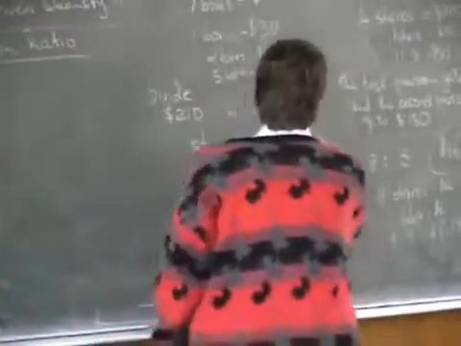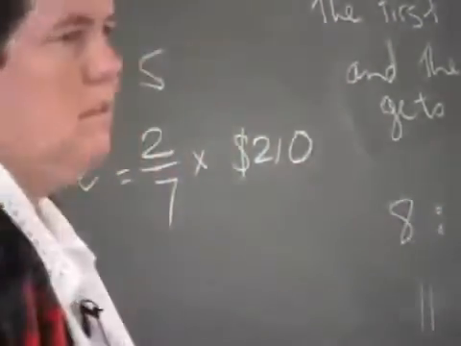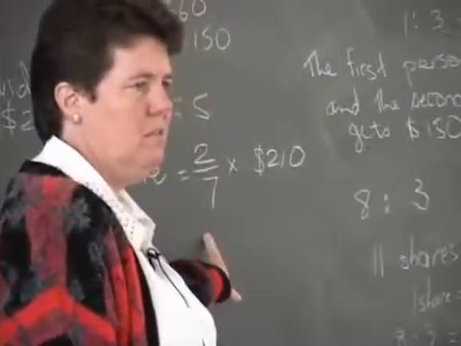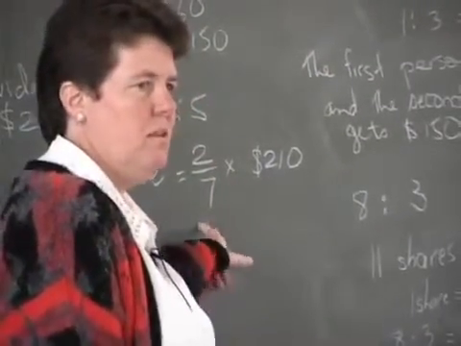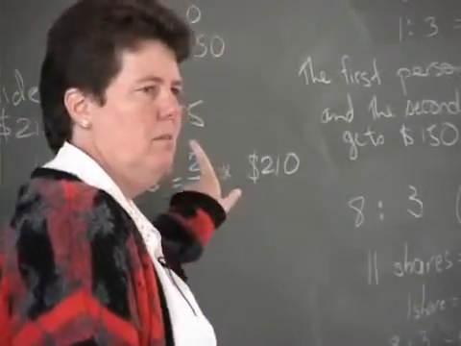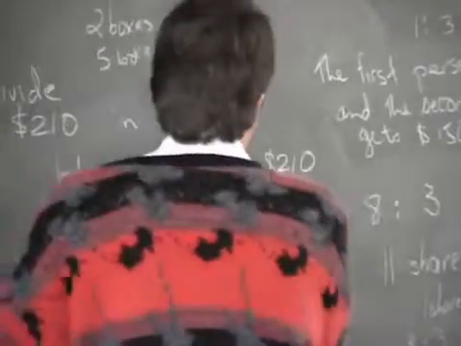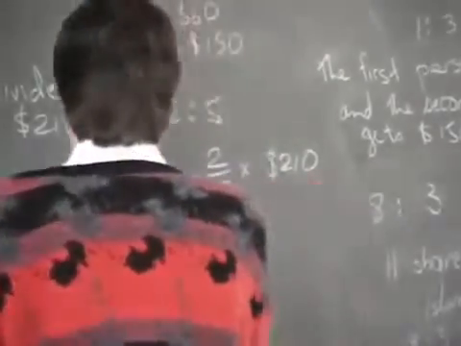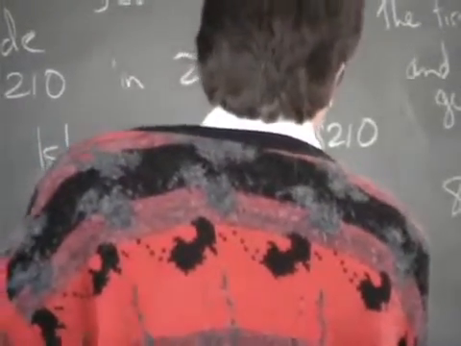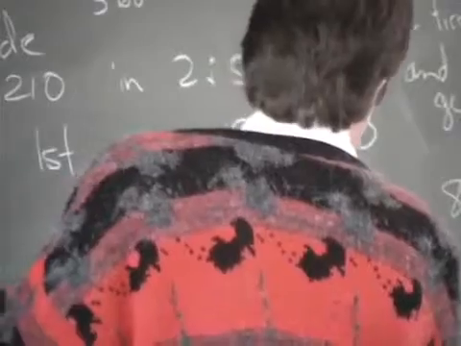So you could actually just find 2/7 of 210, which means that you have to multiply by 2 and divide by 7. Easier if you divide by 7 first. That's what you did before. You found 30 and multiplied by 2 and got 60. And so what is the second share worth? 150 we already know, because that's 5/7 of 210.